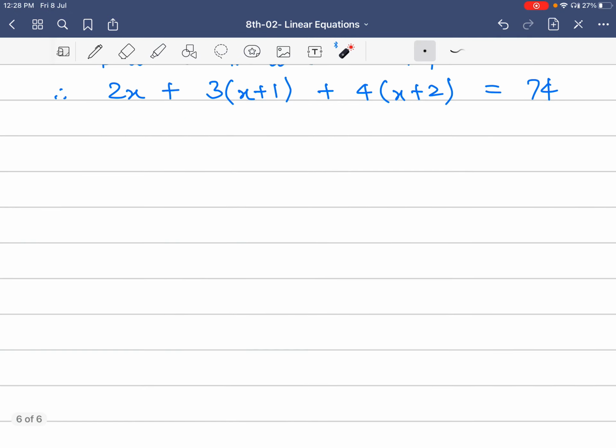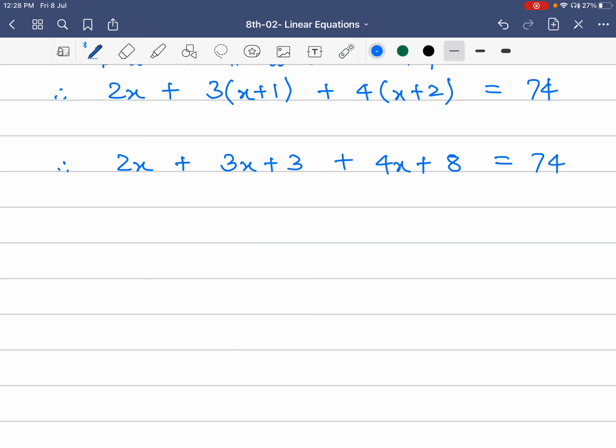First we will open up these brackets. So I'll get 2x plus 3x plus 3, and next will be 4x plus 8, that is equal to 74. This becomes my simplification step number 1. Now step number 2: you collect all the x terms and all the numbers and bring them together.